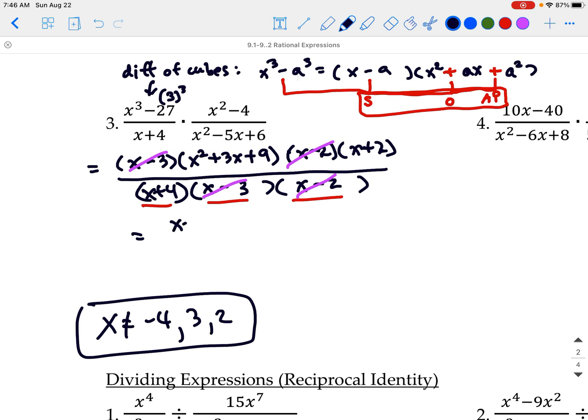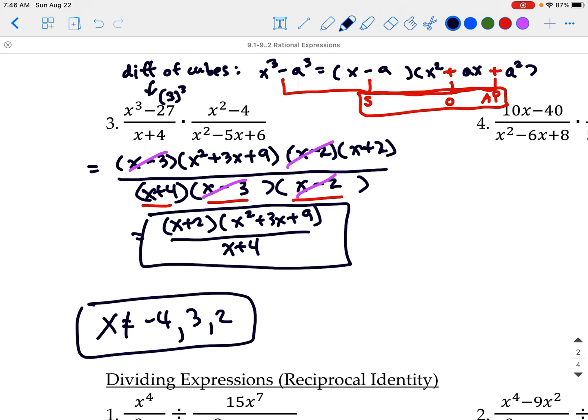So we're just left with x plus 2 times x squared plus 3x plus 9 all over x plus 4. And note, we don't need to multiply the expression out. Leave it in factored form if possible. We would only really multiply it out if that was going to be useful to simplifying the expression further. But since we already have it written in factored form, we don't need to worry about that.